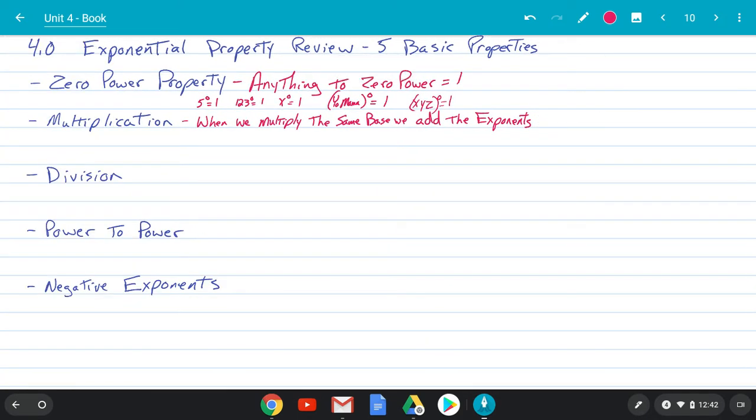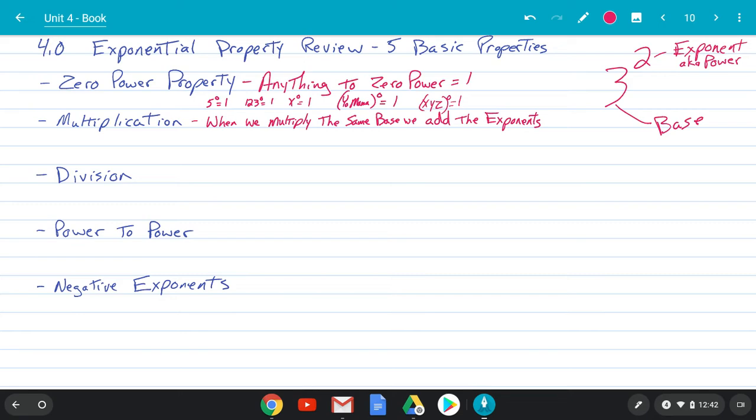And just as a quick little refresher, if I have 3 squared, 3 is the base, and 2 is the exponent, aka the power. So for multiplication, when we multiply the same base, we must add the exponents.